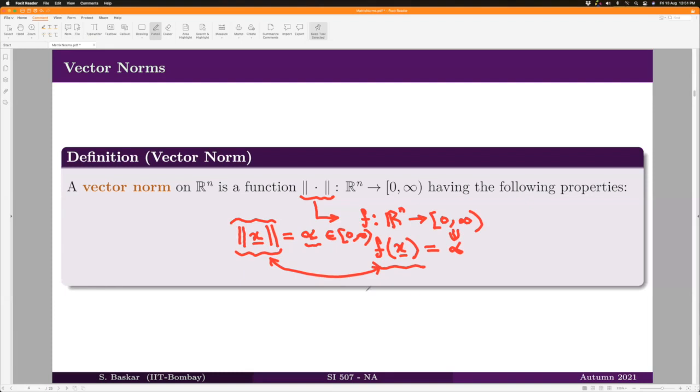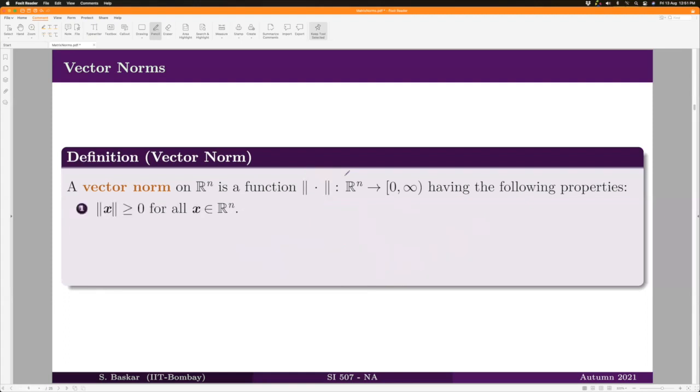Now coming to the properties, this function satisfies the following properties. The first property is, when you apply this function on any vector x in Rn, the number that it returns will be greater than or equal to 0. Of course, this information is already packed in this notation because its range is the interval 0 to infinity.